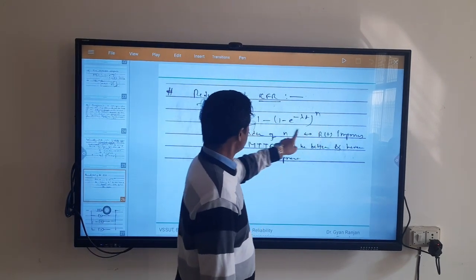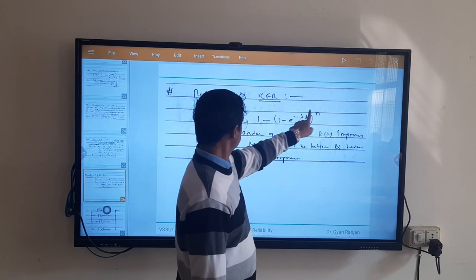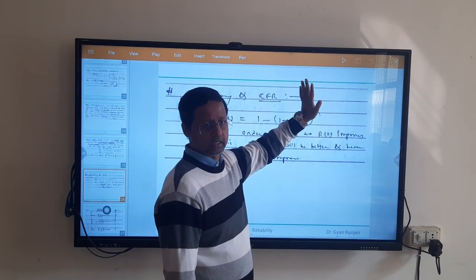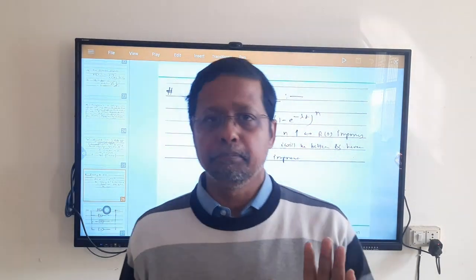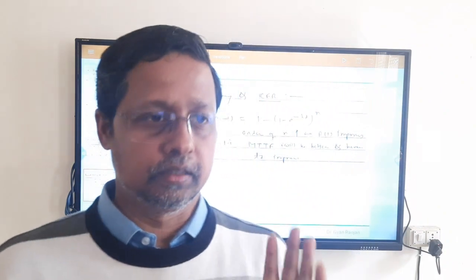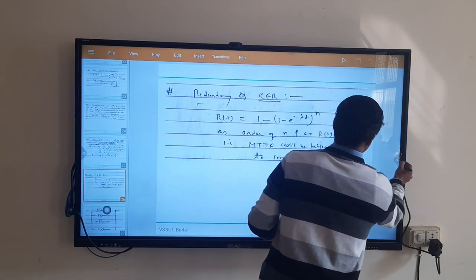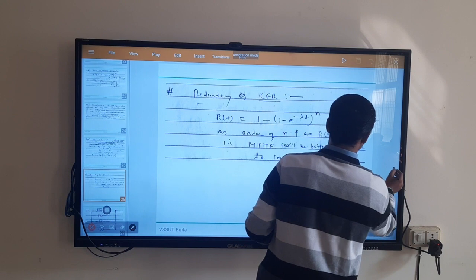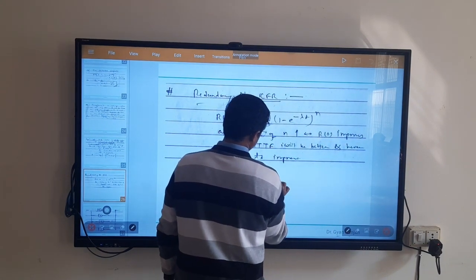This equation is solved, right? So in order to improve the reliability of a component, that we discussed in the last class also, or can I say to improve the mean time to failure, or I can also say to improve the mean time between failure.